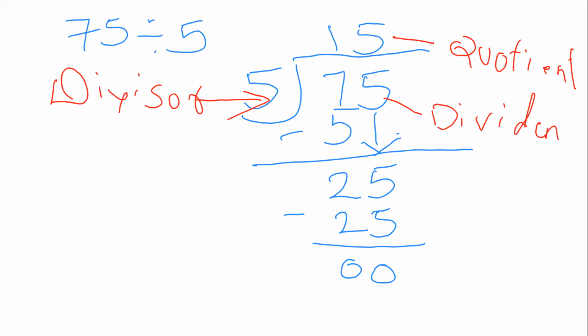And 0 is remainder. Yes, understood everyone? So in exam, we have to write divisor, dividend, remainder also. Okay? Hope everyone has understood.